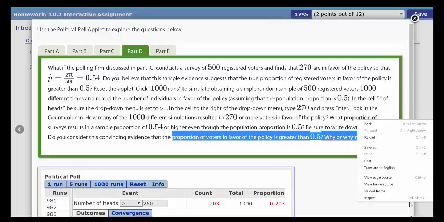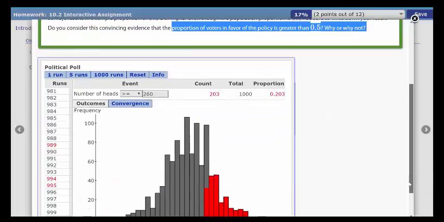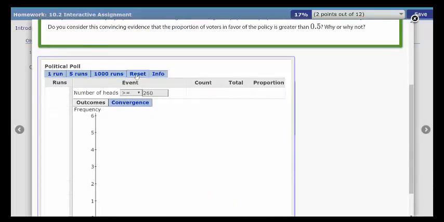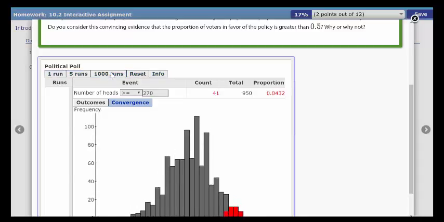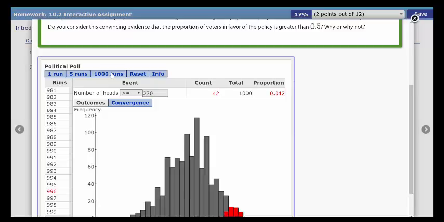Let me reset, and then change the 260 to 270. So now we're gonna simulate 1,000 samples, each sample of size 500, and we're gonna see how many of the 1,000 samples resulted in more than 270 heads. So just click 1,000 runs. Only 42. It's about 4% of all the samples resulted in something that's more than 270.